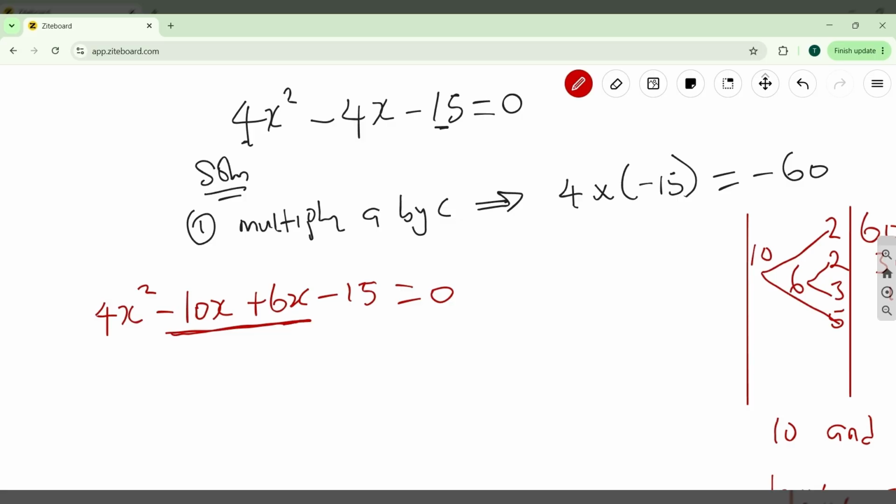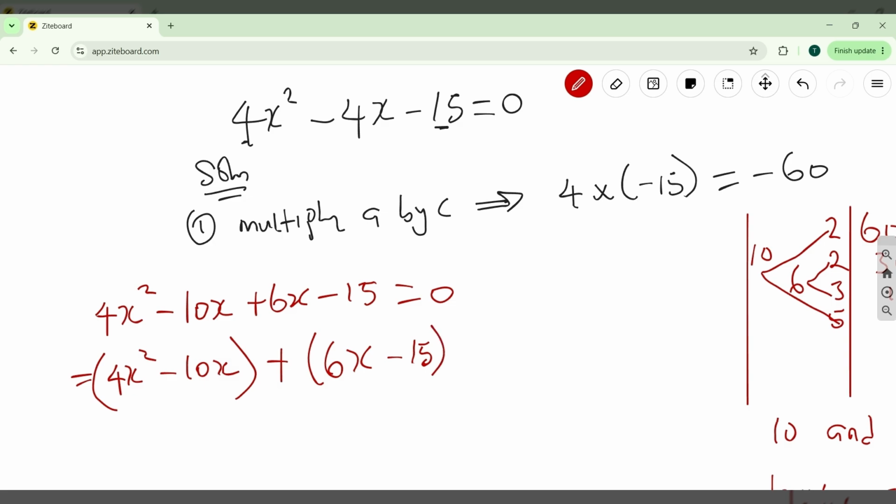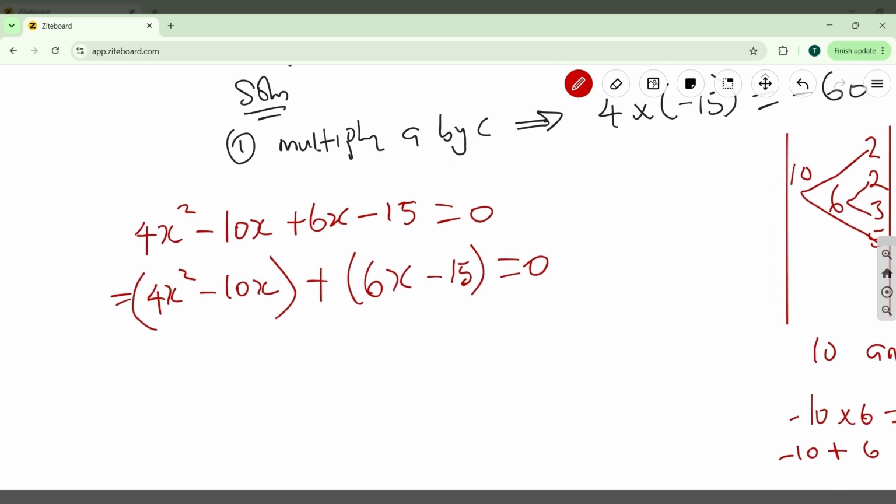And I can proceed by saying 4x squared minus 10x, and then plus 6x minus 15 is equal to 0. So I'm just taking these two numbers together.